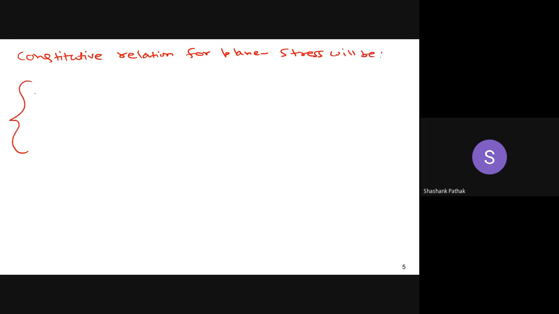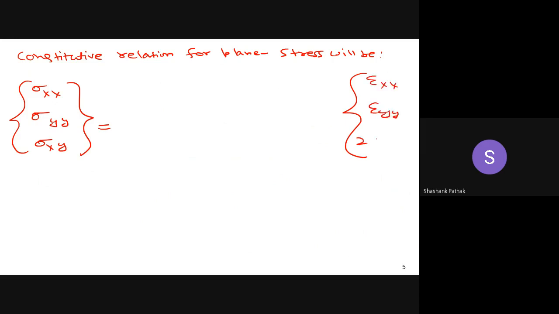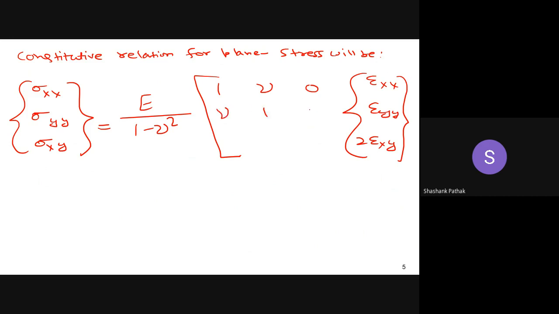Similarly, it can be shown that the constitutive relation for plane stress will be, again, the same stuff: sigma xx, sigma yy, sigma xy equal to, and the same thing: epsilon xx, epsilon yy, 2 times epsilon xy, and here E upon 1 minus nu square, matrix 1 nu 0, nu 1 0, 0 0 1 minus nu by 2.